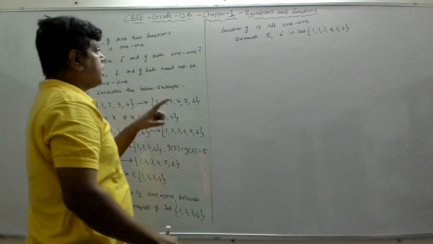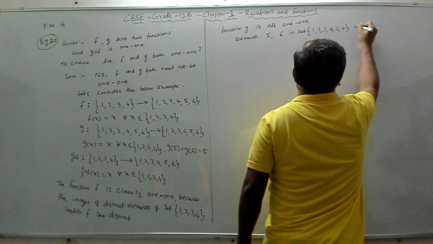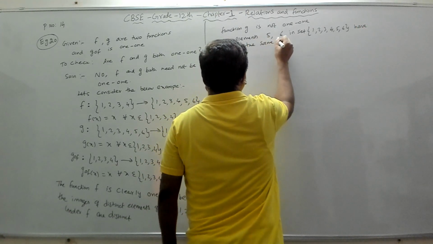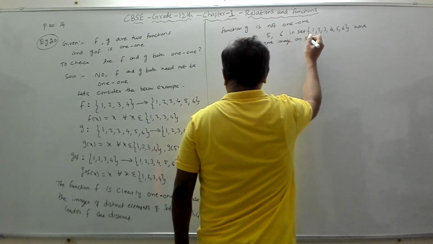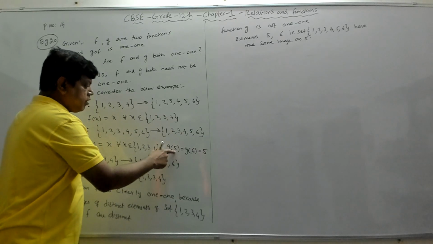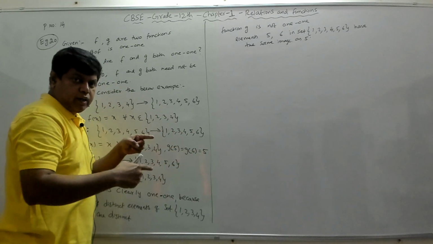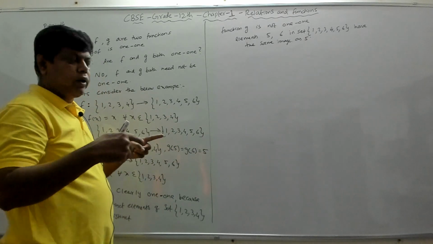So elements 5, 6 have the same image. 5 has the image 5, and 6 also has the image 5. So two elements 5 and 6 are going to the same element 5. Therefore they are not 1 to 1.